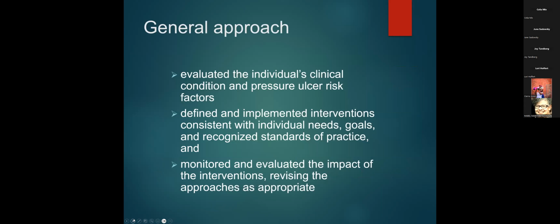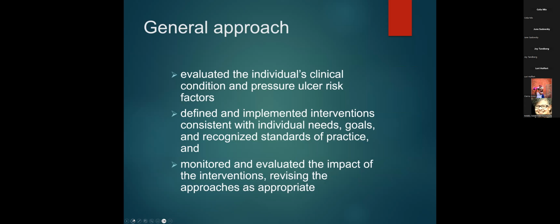Okay, next slide, please. So the general approach to individuals who are at risk and that have a pressure ulcer is to evaluate the individual's conditions and what their risk factors are. Are they malnourished? Are they able to move around and get about? Or are they bed bound or wheelchair bound, for example?